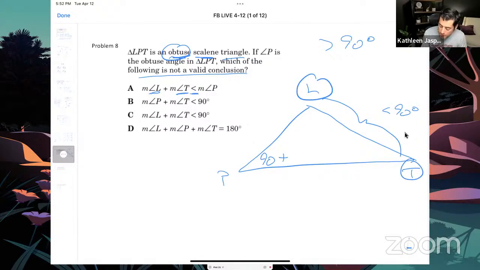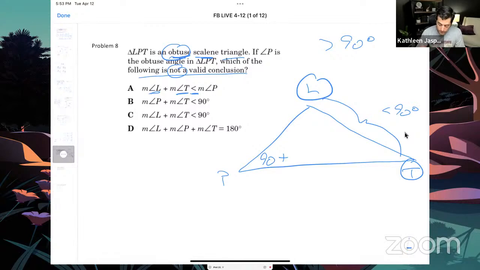Yes, they would, because P is greater than 90 and these two are less than 90. So that works. But remember, this is a "not" problem. That's why this problem is so confusing, and you have to be careful because there are problems like this where they throw that "not" in there. So we're looking for the one that is not a valid conclusion.